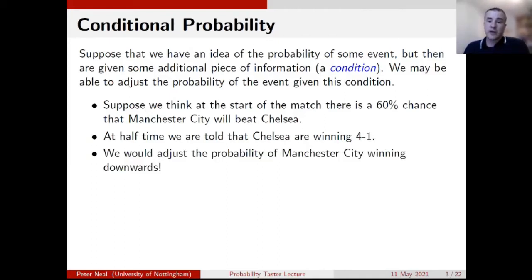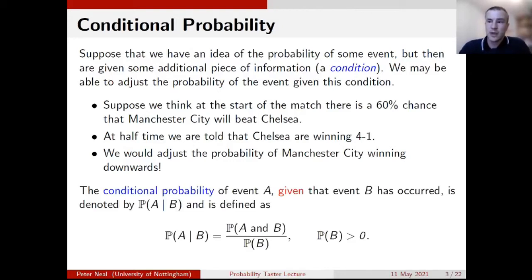So given that we know that at half time they're losing, we adjust our probability that they'll win the match overall. This is known as conditional probability. We look at the probability of an event A happening, in this case Man City winning, conditioning upon the event that B has happened: they're losing at half time.